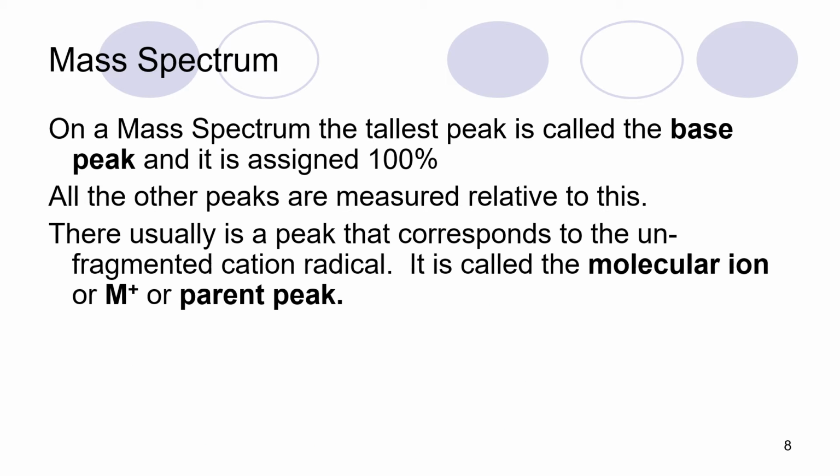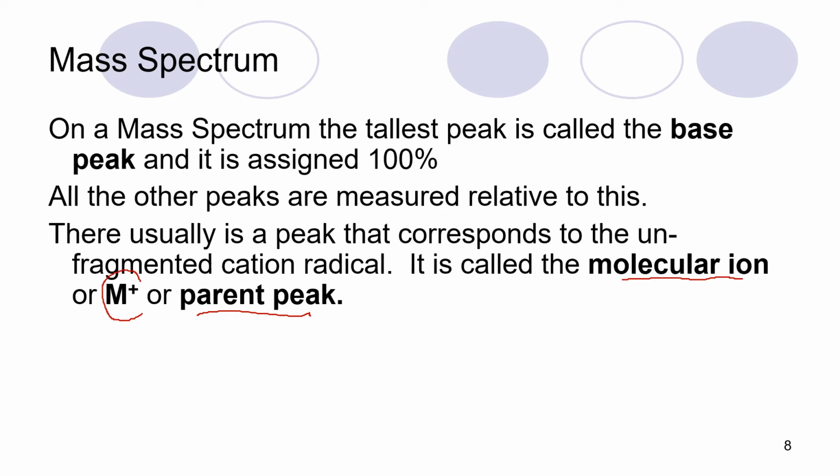So just what I was talking about on the last slide: the tallest peak is called the base peak, and it's assigned 100%. If you notice on the last page, sometimes the mass peak is the same as the parent. There is often a peak that corresponds to the unfragmented cation radical, and that's called the molecular ion, or the parent peak.